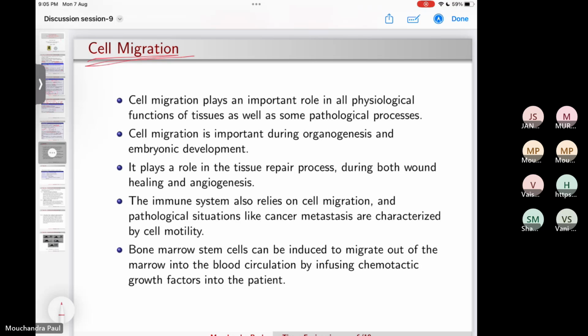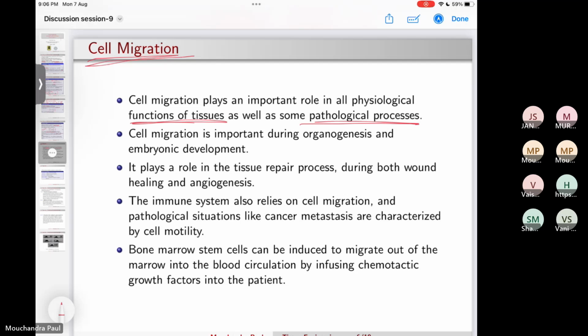It is a very important cellular fate process, because it is important for many functions of the tissue as well as for some pathological processes to happen. If cell migration doesn't happen, then several physiological processes won't be able to proceed, and some pathological processes like cancer take help of this cellular fate process in order to continue.